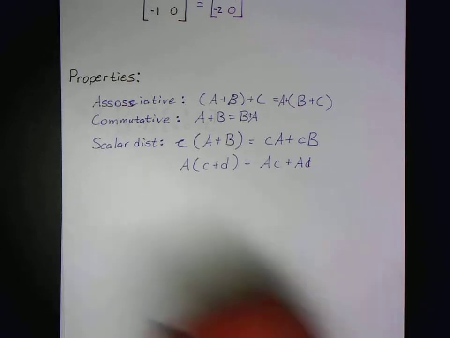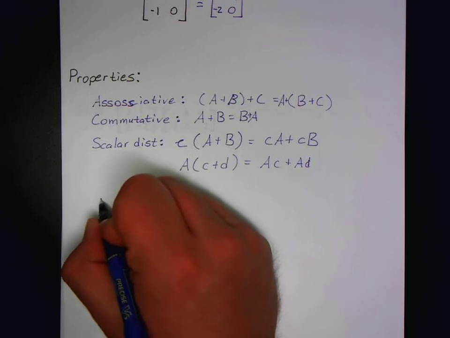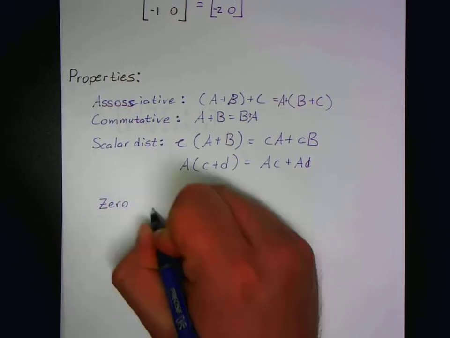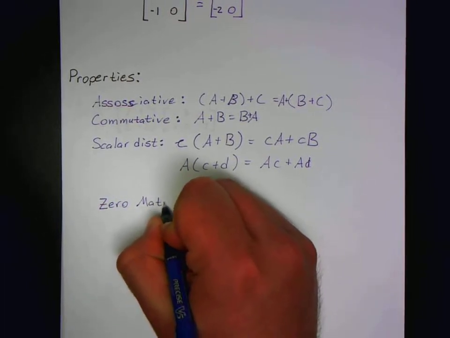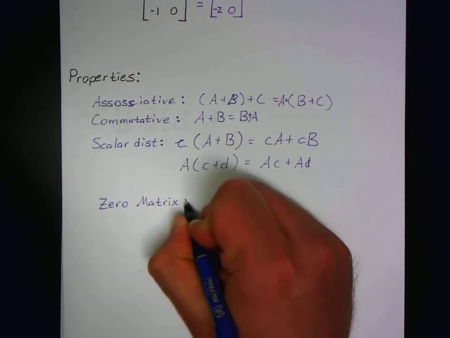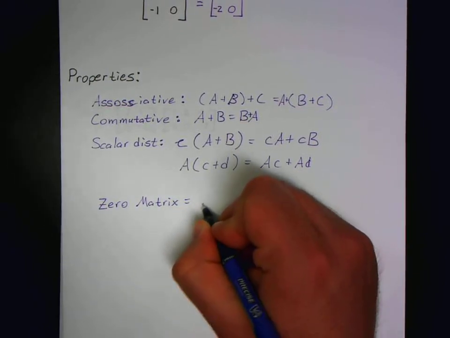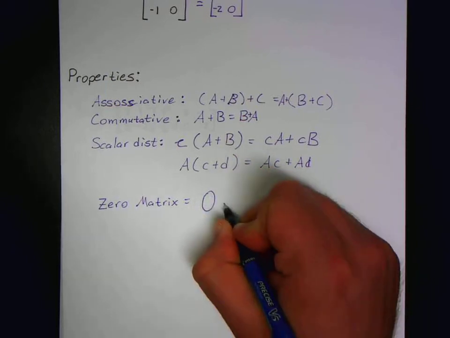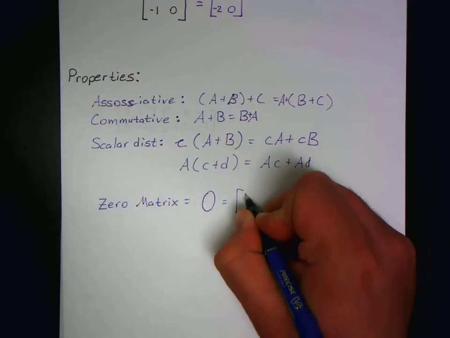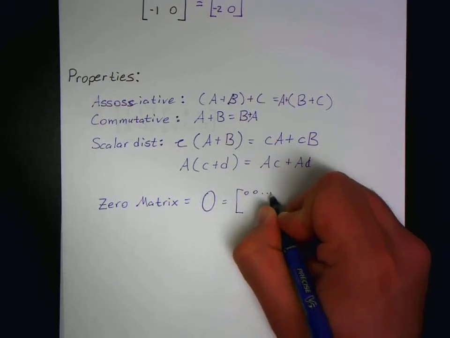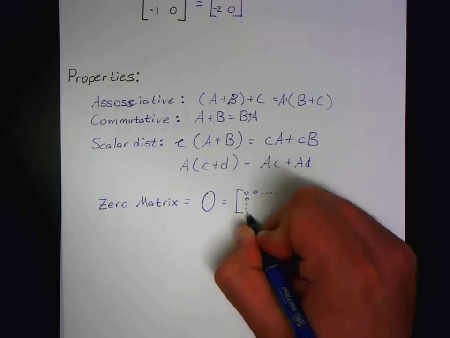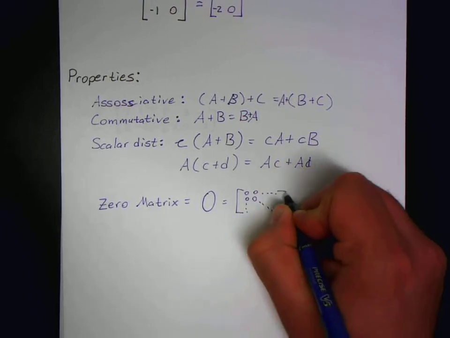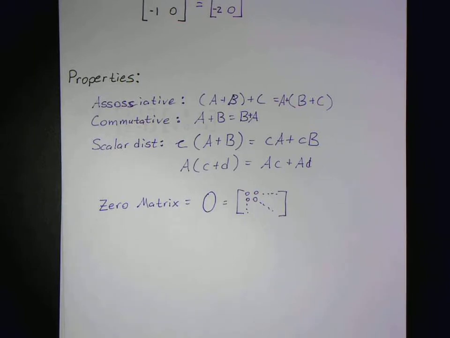Another thing, your zero matrix is a matrix full of zeros. However big you need it to be. And then all your zero properties work with addition and subtraction.